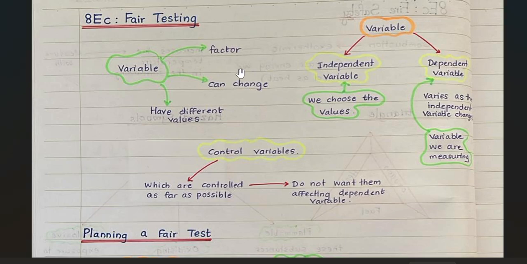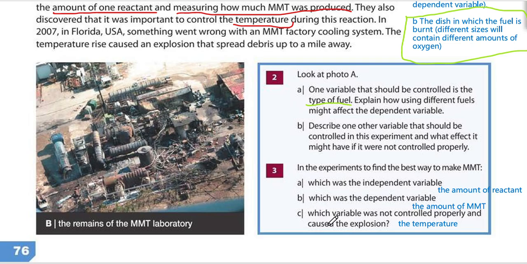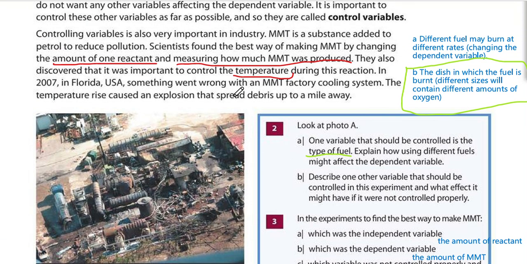Once again, I'll remind you what is independent. The variable we choose the values. We are choosing the values for this. Dependent variable is the one we are measuring, right? Now keeping that in mind, tell me which one is the independent and which one is the dependent.